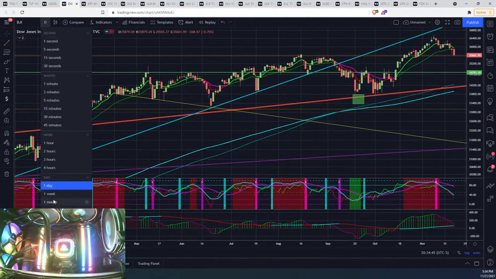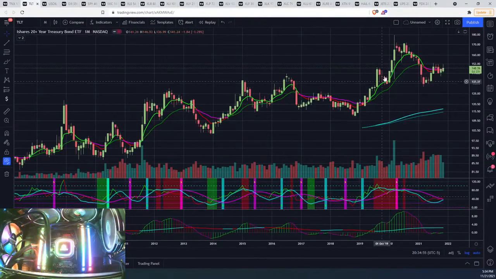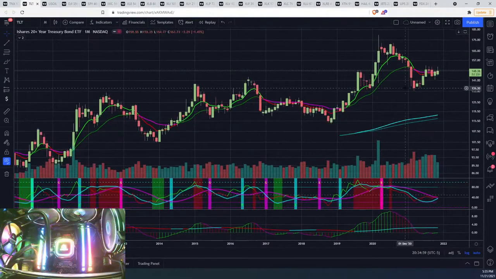What happened with everything? This is the same time, March 2020. So when these things crashed, bonds went parabolic because everybody flees to safety. So the money runs to the bonds and to cash out of assets to be safe, to get safe.